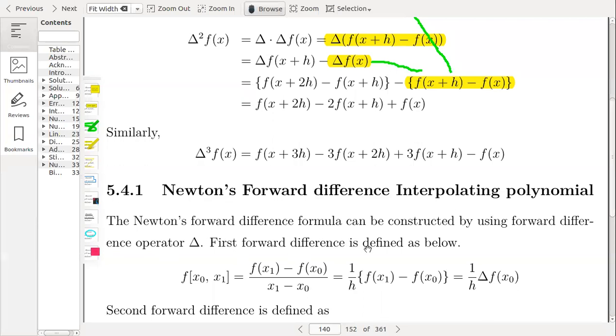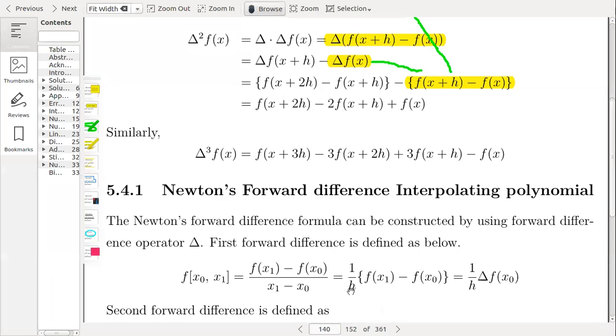First forward difference is defined as below, and so here if you recall the definition of first divided difference formula. So what is the first divided difference formula? It means the zeroth divided difference f of x1 minus f of x naught divided by x1 minus x naught. So here x1 minus x naught is a small increment h.